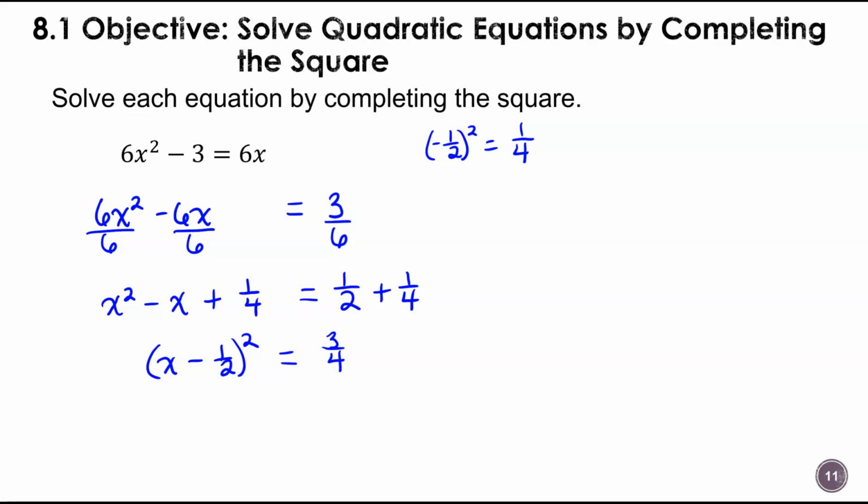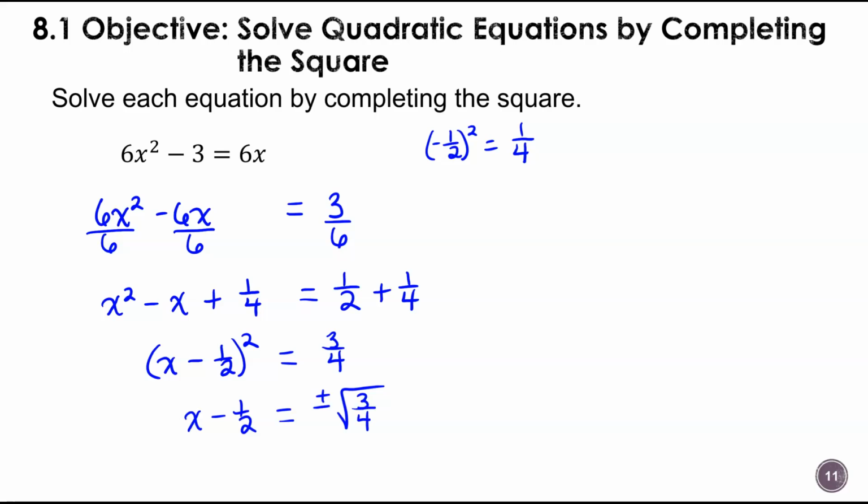And then we apply the square root property. So completing the square is basically until we get to here, and then we use the square root property to finish solving for x in this equation. So x minus 1/2 equals plus or minus the square root of 3/4.